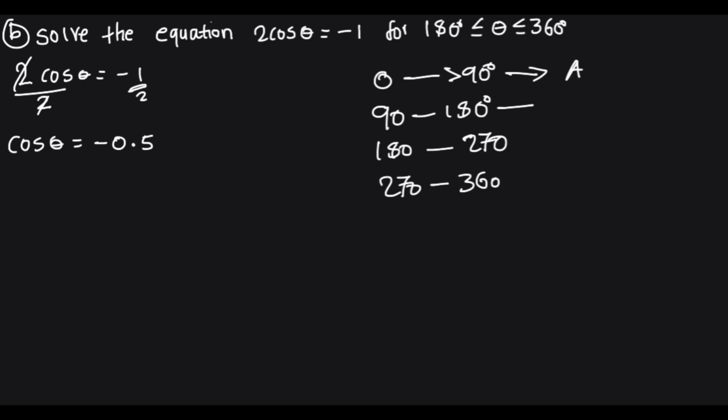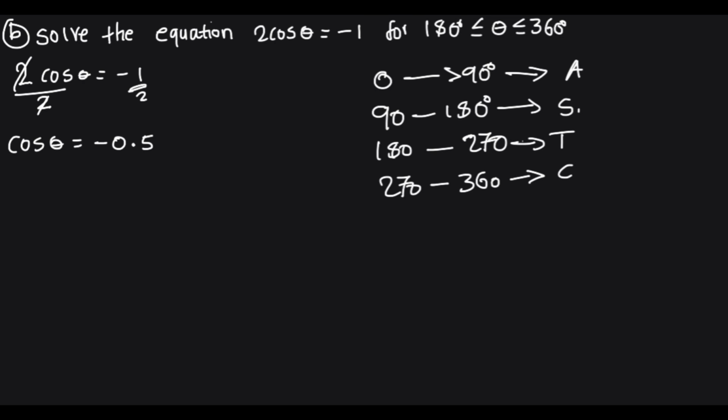Now in the second quadrant, sine is positive while tan and cos are negative. In the third quadrant, tan is positive while sine and cos are negative. In the fourth quadrant, cos is positive, tan and sine are negative.